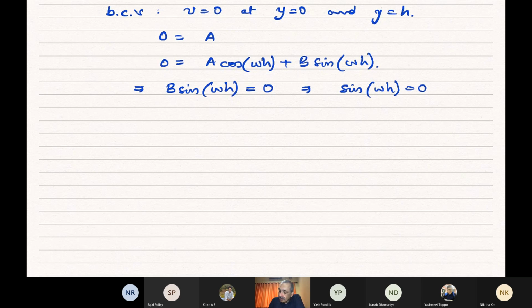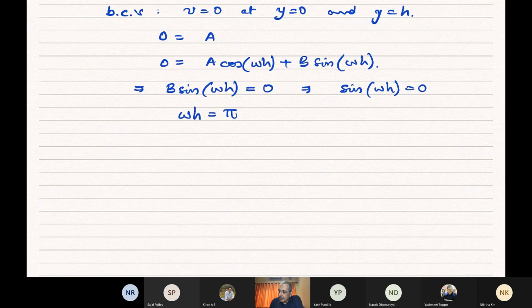And this actually tells us that omega h cannot be arbitrary, it has to have a specific value. And so this gives us that omega h must be equal to pi.